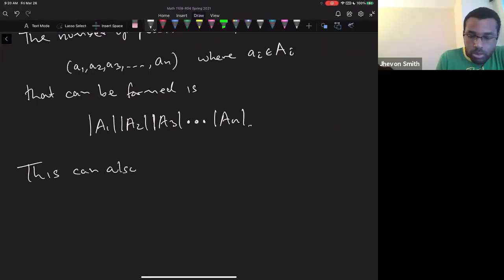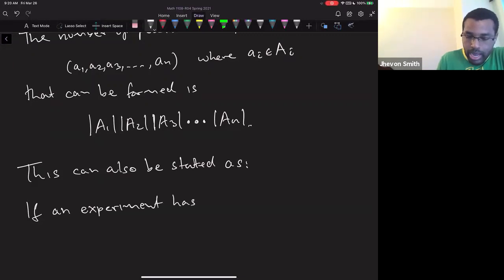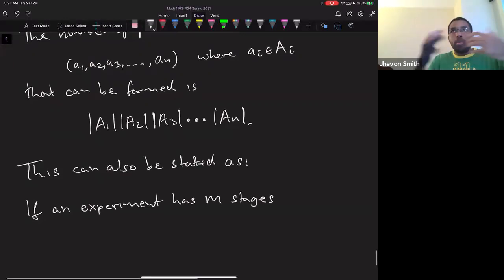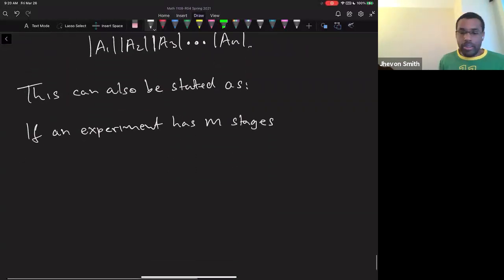This can also be stated another way you might want to look at it. If an experiment has m stages, you can think of setting up a coordinate with n things in it as something with n stages. You're doing the first coordinate, then the second coordinate, then the third coordinate. These are all stages.